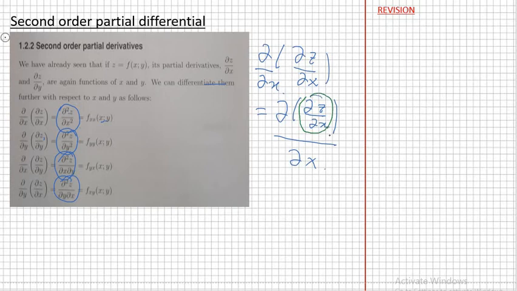I'm going to get a certain expression, and then I derive what I got again with respect to x. So that can simply be written as the second derivative of the function z with respect to x.